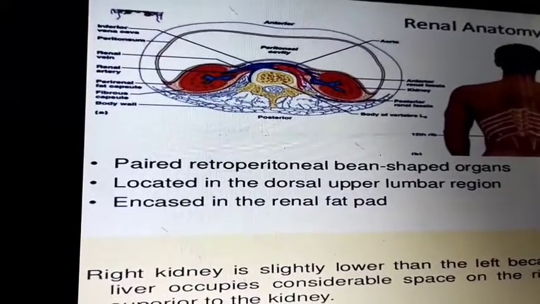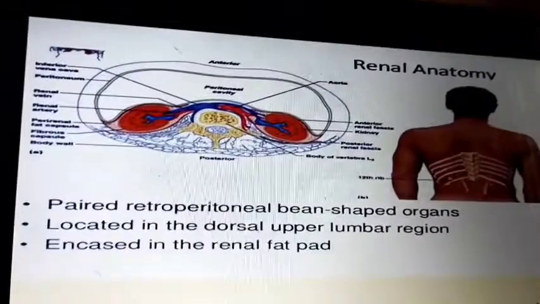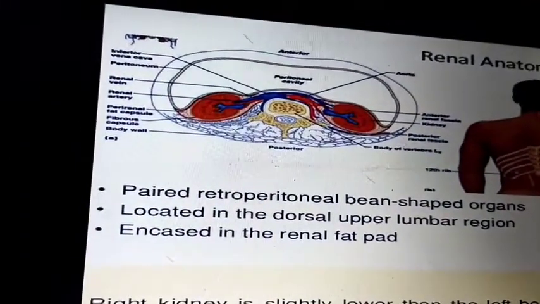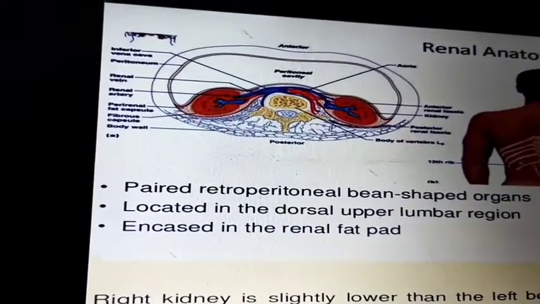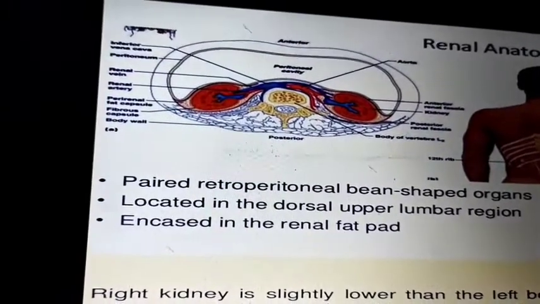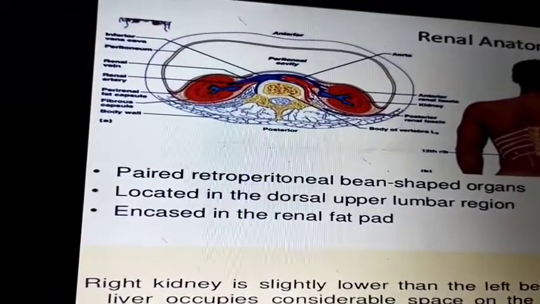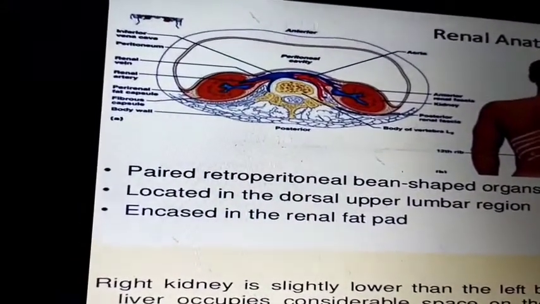The kidney is encased in renal fat. Because of the renal fat, the kidneys are situated in their normal position, because the fat gives the shape and position to the kidney and holds it.